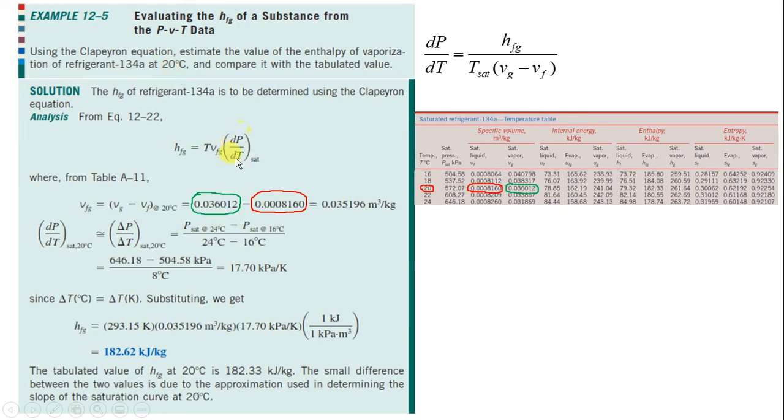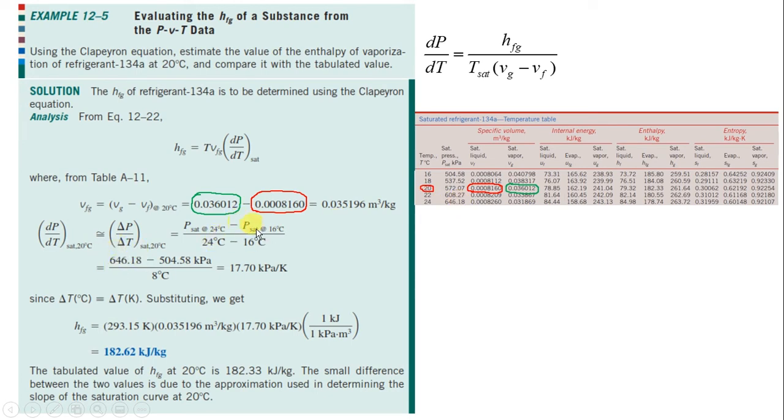Now we have to calculate the slope. To calculate the slope we will consider a range. 20 lies in between 24 and 16. So we can write dP by dT as delta P by delta T. Here you can see this 16 degrees Celsius temperature is there, 24 is there. For 24, the corresponding pressure is 646.18, that is written over here.